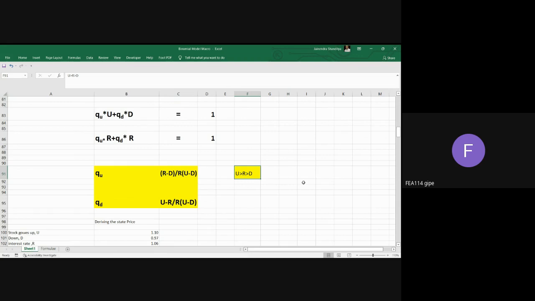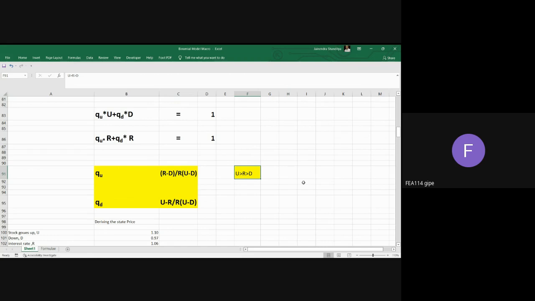So you cannot have a situation in a binomial model where the interest rate is 6%, your downside is 7% and your upside is 10%. That is not a desirable situation, and your binomial model cannot solve for that kind of situation. So it's very important that the rate of interest prevailing in the market is in between the up and the downside movement of the stock.